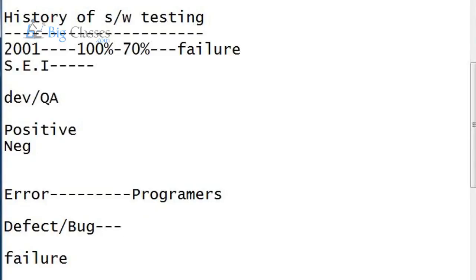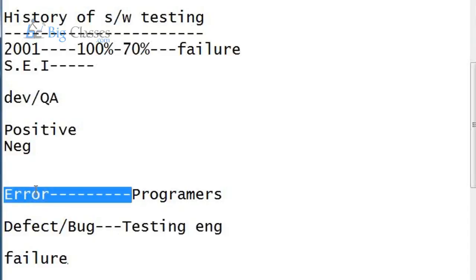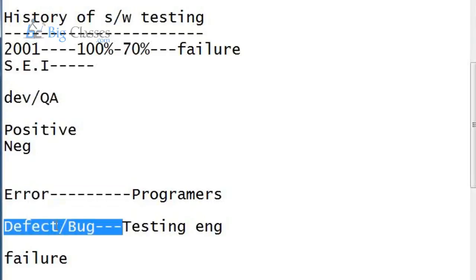If the expected value is not equal to the actual value, or if there are any deviations from the requirements, it's called a defect or bug, which is the term used by testing engineers. Once again, guys, error: while developing the application, if the programmer finds any mistake in the code, it is called an error. The next one, defect or bug: while performing testing, if the expected value is not equal to the actual value, or if there are any deviations from the requirements, it's called a defect or bug.